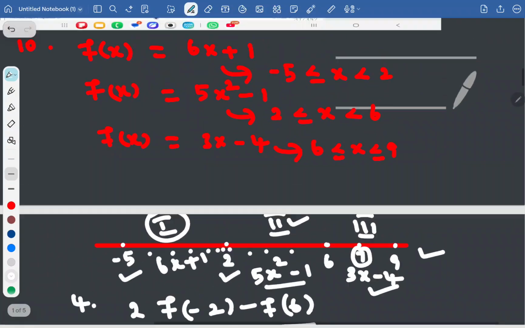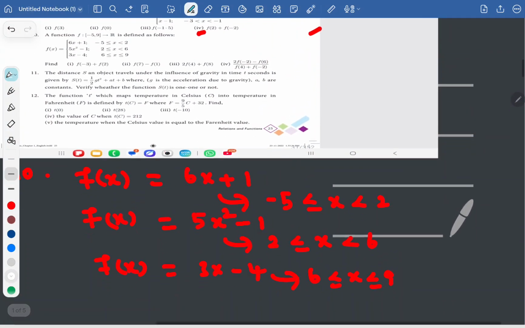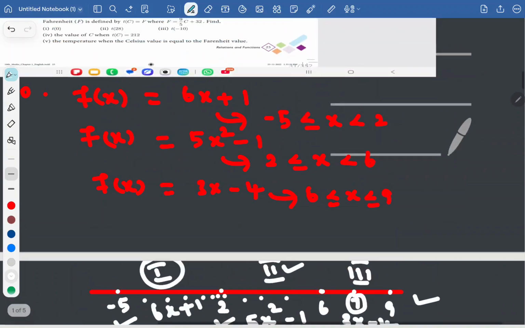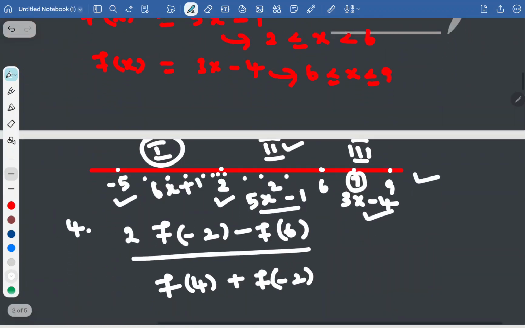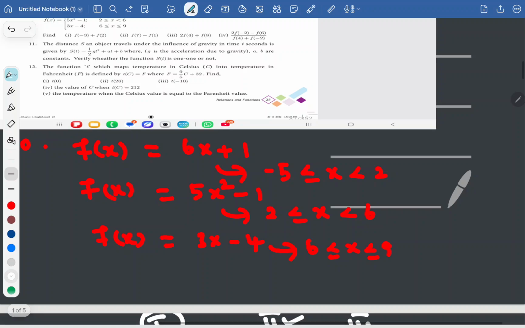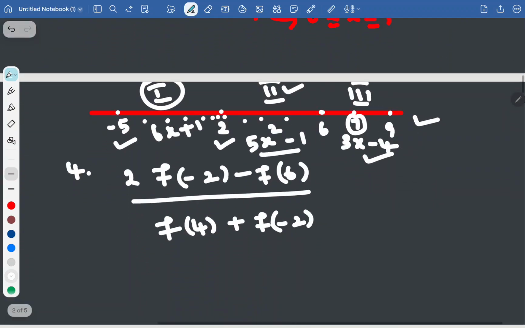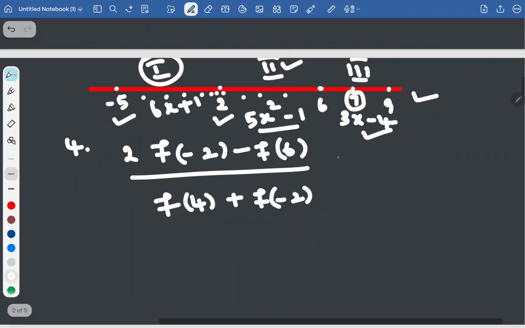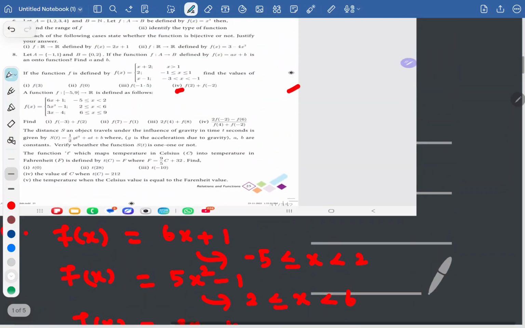I am going to check the question whether it is a correct one. 2 times f of minus 2 minus f of 6 by f of 4 plus f of minus 2. We have to find separately f of minus 2, f of 6, f of 4.